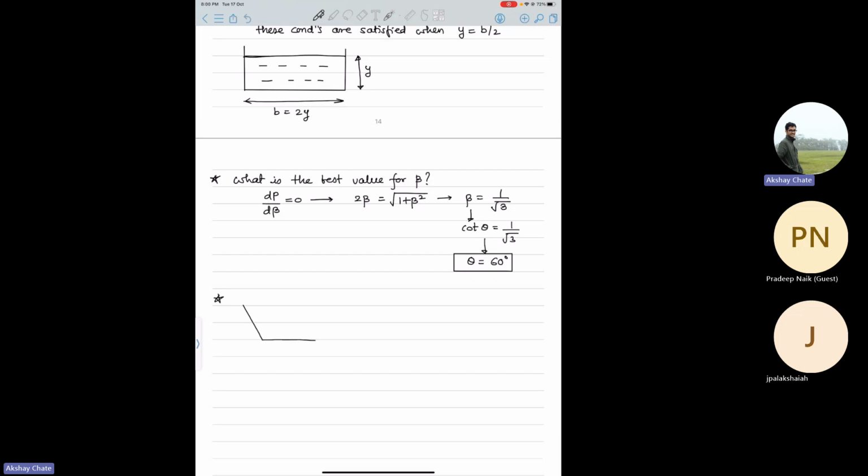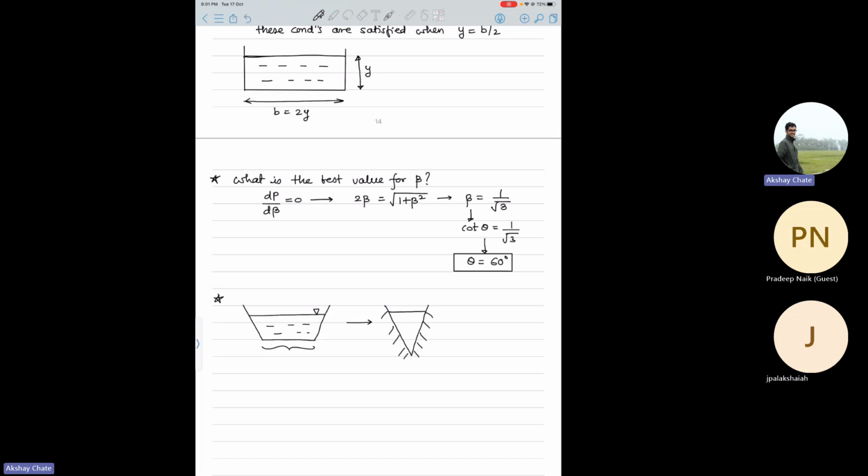So let's say you had such a trapezoidal channel, right? And your intuition is saying, if you make this smaller and smaller, and eventually reach some triangular wedge shape like this, it may have lesser wetted perimeter, right?